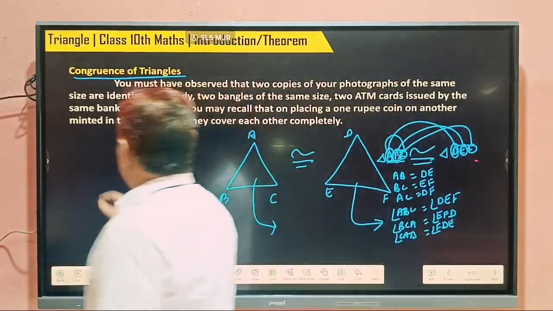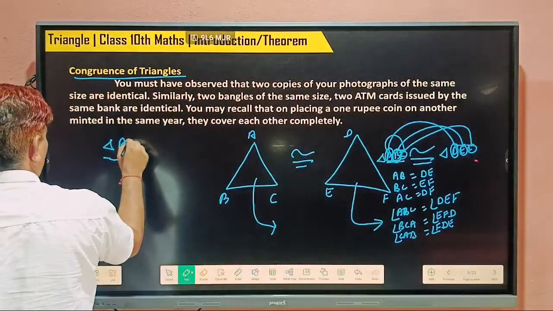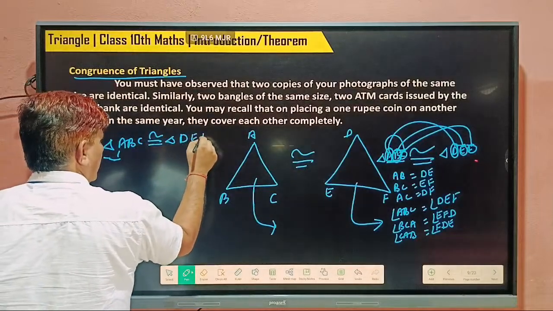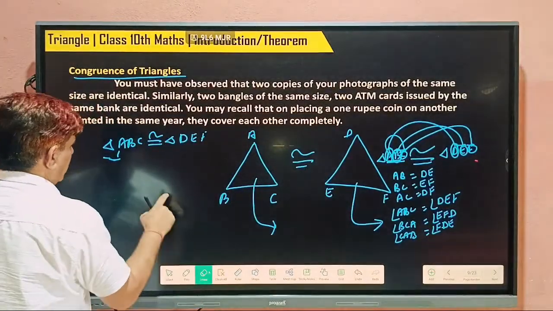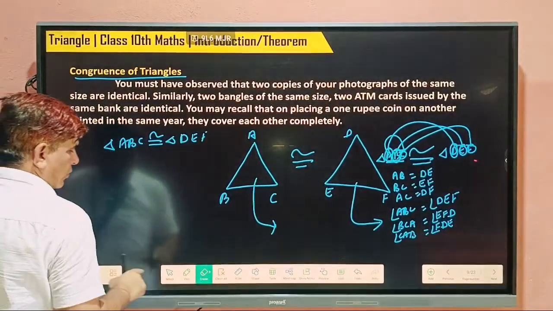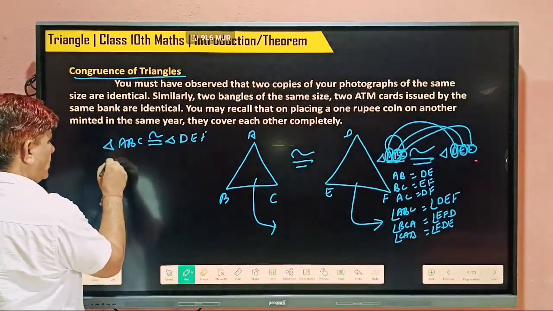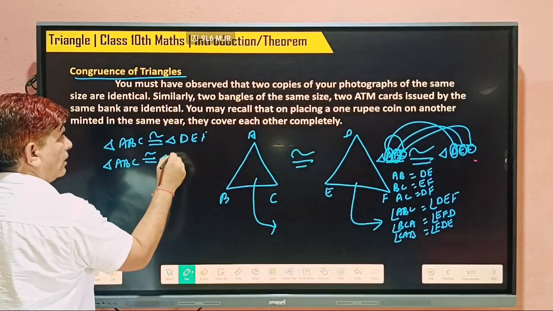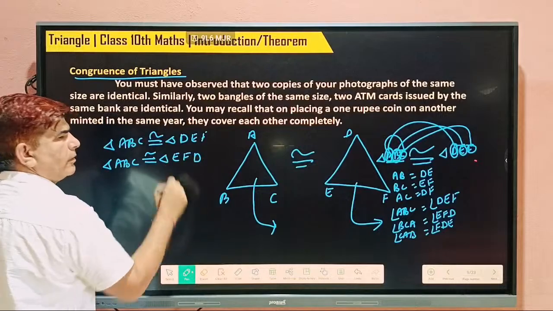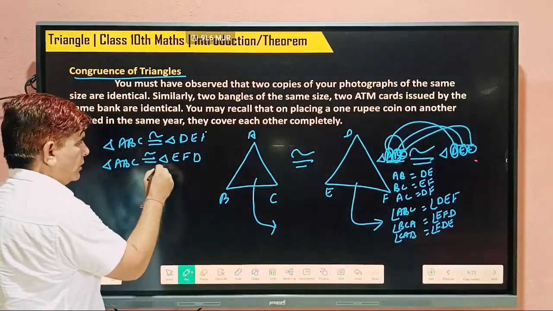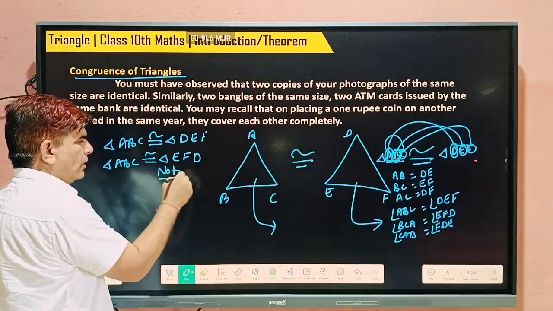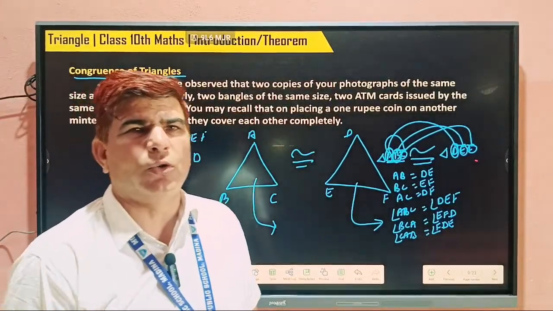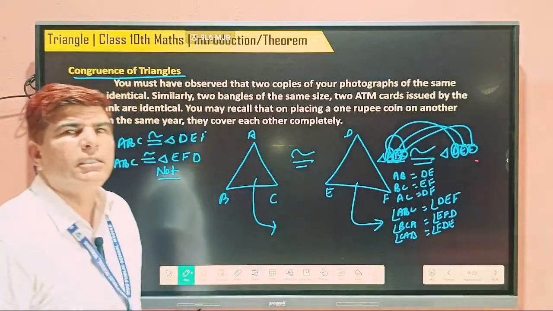Then we can say triangle ABC is congruent to triangle DEF. And its meaning is not this. So what can we say about this? Triangle ABC also congruent to triangle EFD? No, not compulsory. Understood? Correspondence is there. CPCT, saying corresponding part of the congruent triangle.